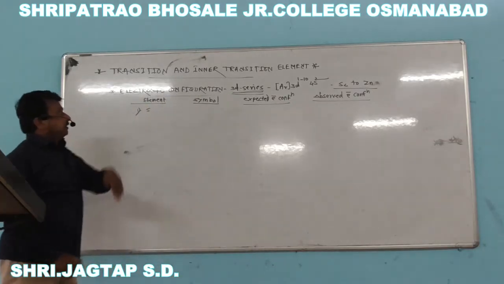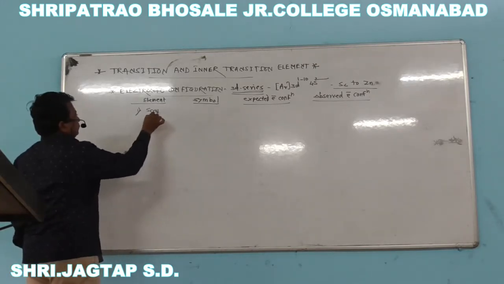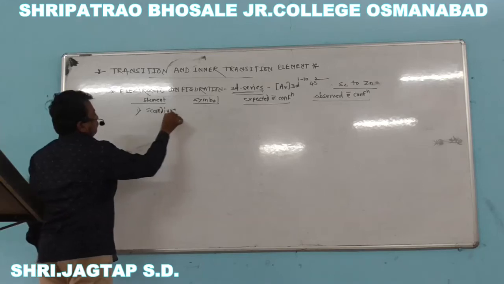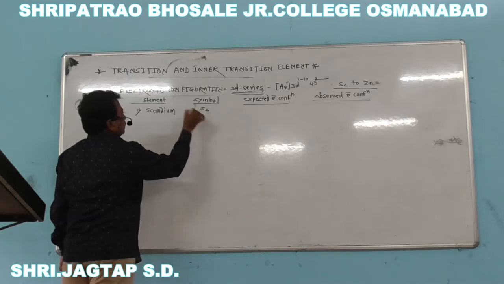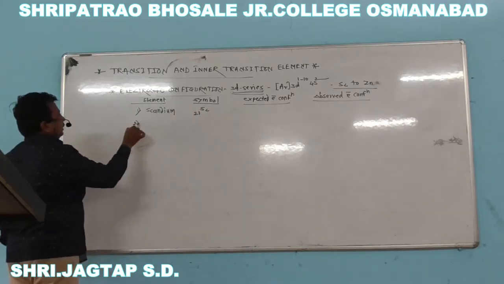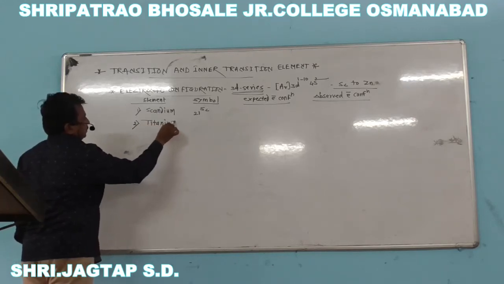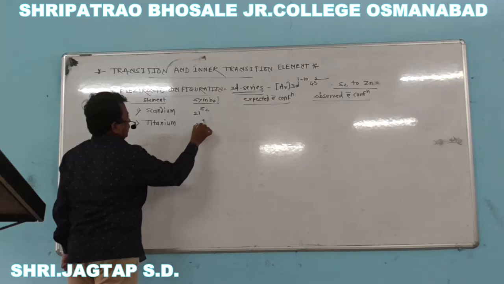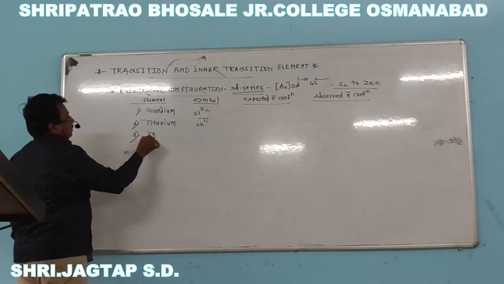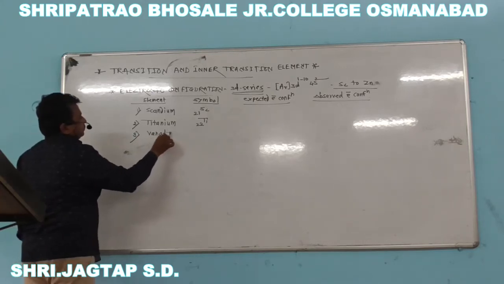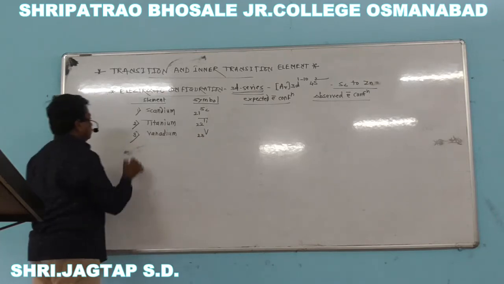As the 3d series consists of 10 elements starting from scandium, its symbol is Sc, atomic number 21. Then the second element, titanium, atomic number 22, symbol Ti. Vanadium, symbol V, atomic number 23.